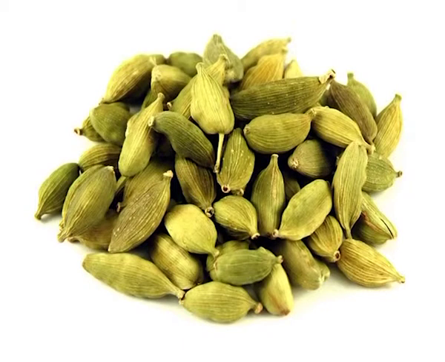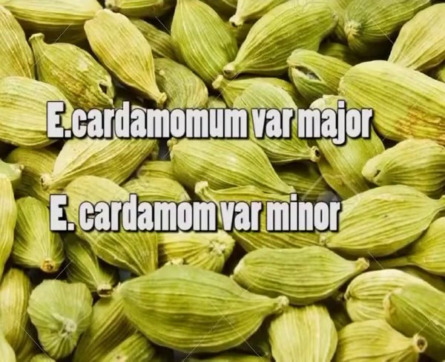Next is cardamom. Cardamom are the dried fruit of Elettaria cardamomum. It belongs to ginger family Zingiberaceae. It is the most common variety. However, there are two distinct varieties of cardamom based on the size. They are Elettaria cardamomum var major and Elettaria cardamomum var minor.